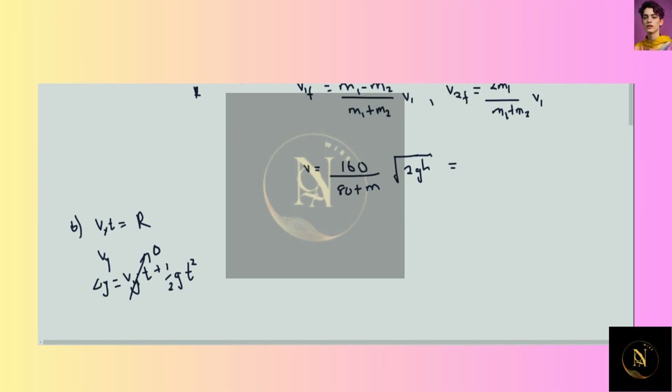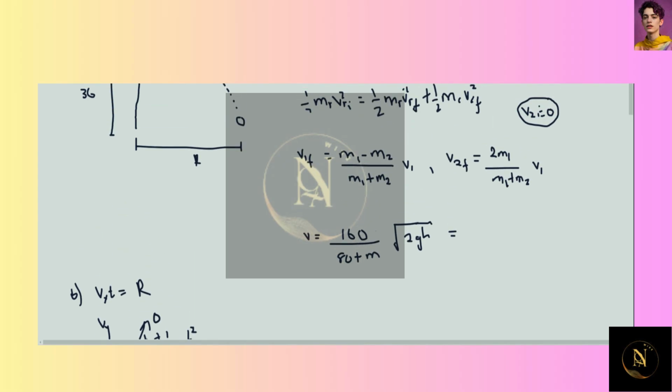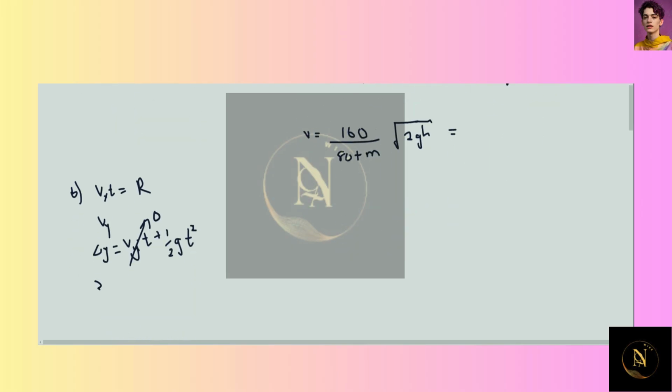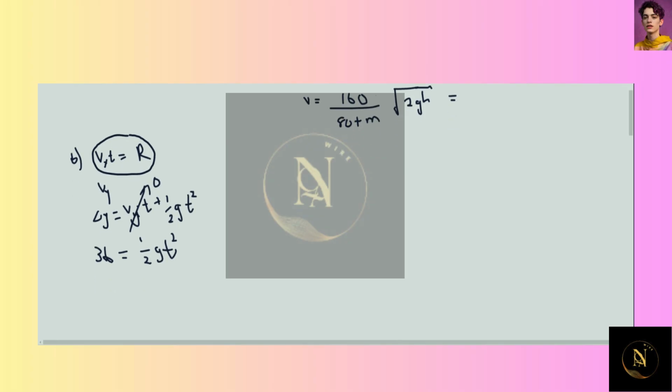So we know what delta y is because we are given that it's 36. So 36 is equal to half g t squared. Now we have an expression that involves t, which we're not given in the problem. So let's go ahead and eliminate t to find r.